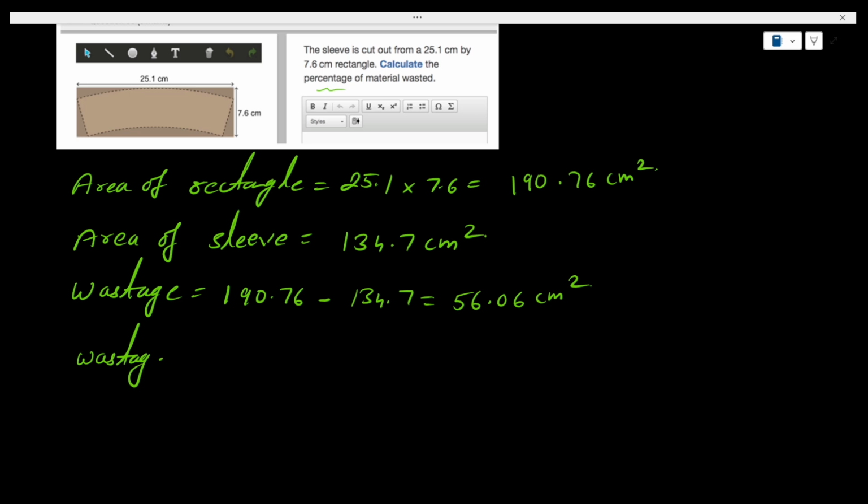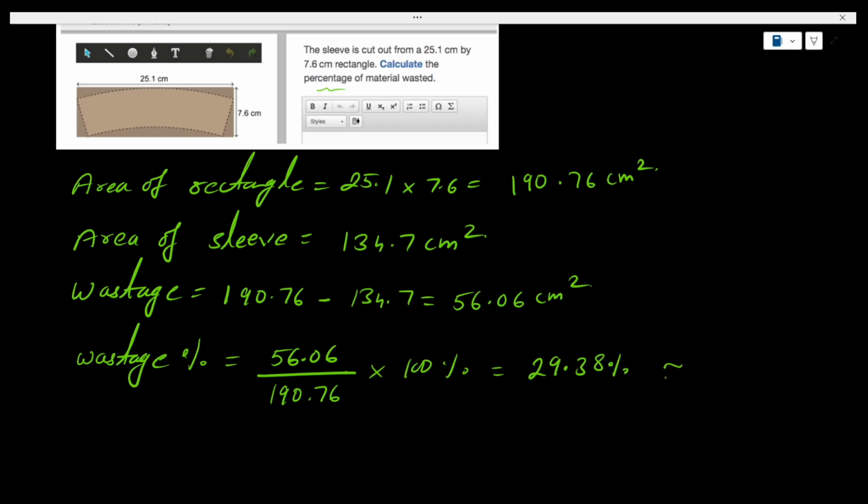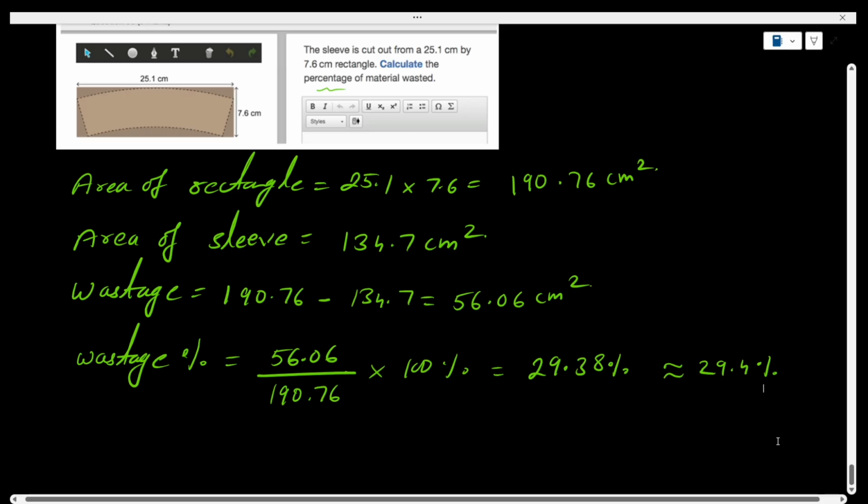Because we need the wastage in percentage, it is 56.06 out of the original area 190.76, times 100%. That gives 29.38 percent, which is approximately 29.4 percent wastage of material.